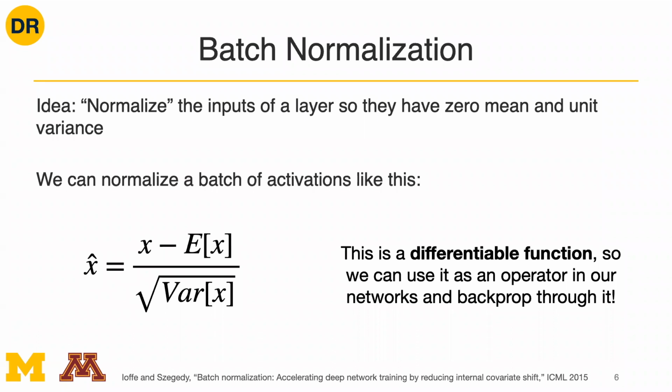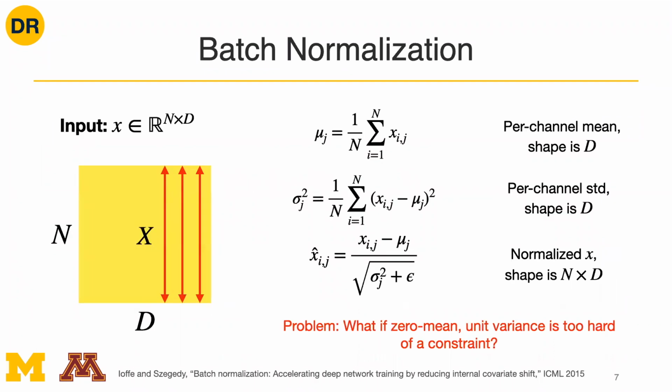And why are we calling this batch normalization? Because if you're using a batch of inputs for your training, you want to normalize that in a particular fashion. Batch normalization is done in the dimension of the number of batches.